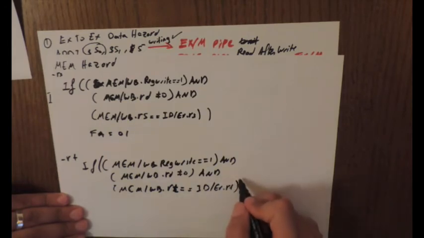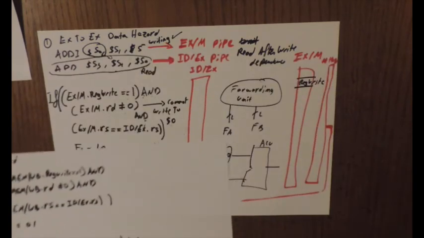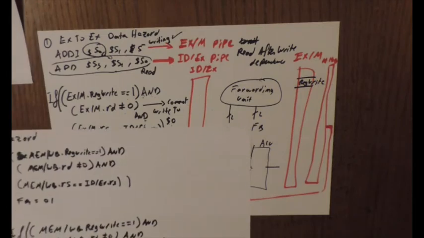Then in this case we have FB equals 0, 1. So in this case I solved these values.